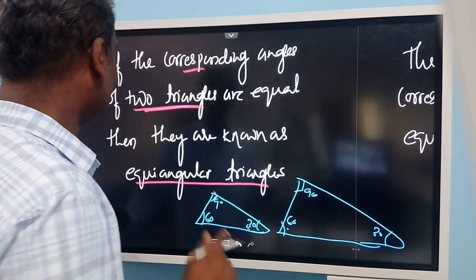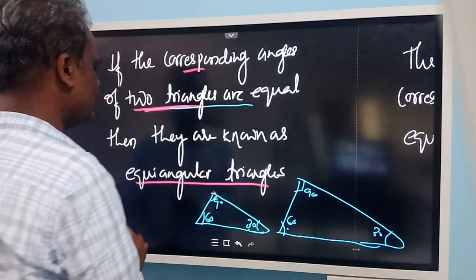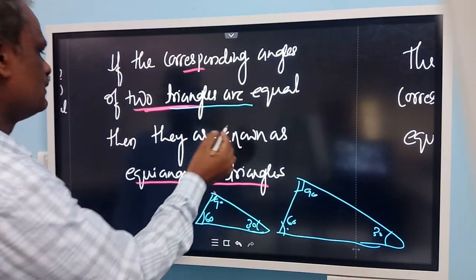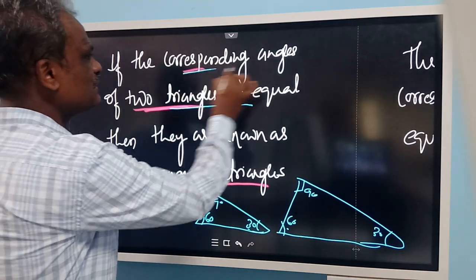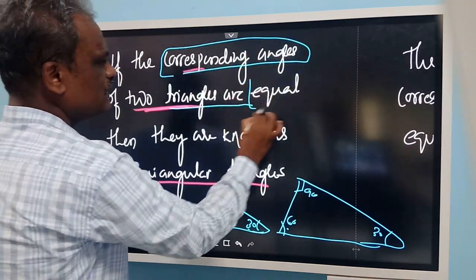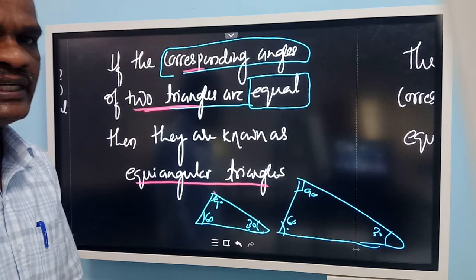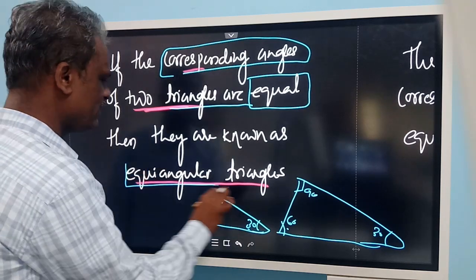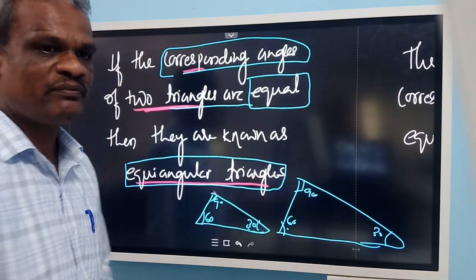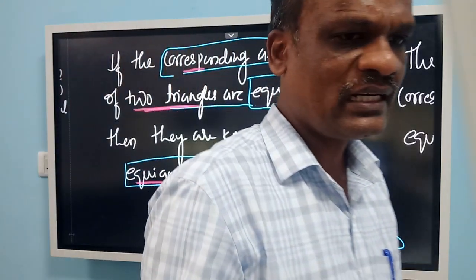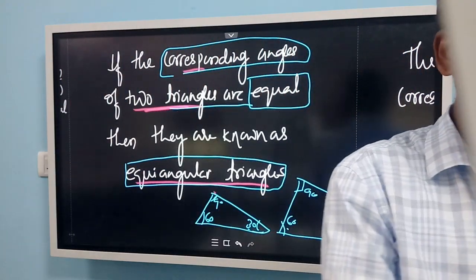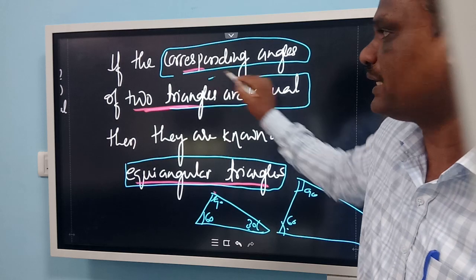Keep in your mind. Two triangles are said to be equiangular when they have corresponding angles equal. There is a difference between equiangular and equilateral. We are discussing with the two triangles.